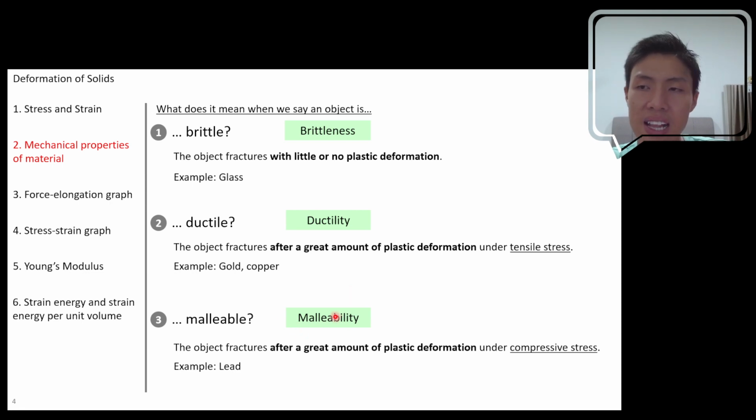But if it has low malleability, then you press a bit and you fracture already. Ductile and malleable are sort of the opposite of brittle. An object which is brittle cannot be ductile and malleable, and an object that is ductile and malleable can never be brittle. They are at opposite ends of things. So these are the three different terms. In the next video, we'll talk about things like strong, stiff, and tough.